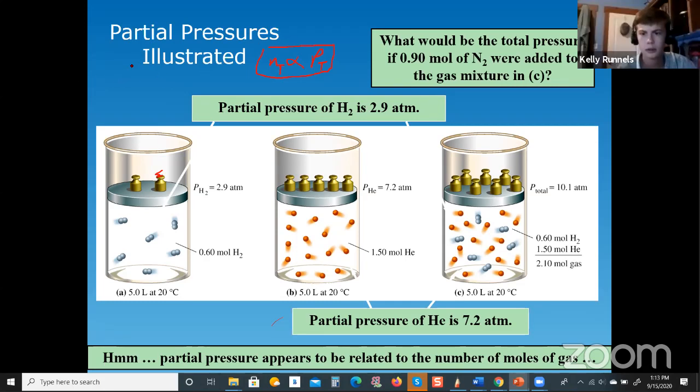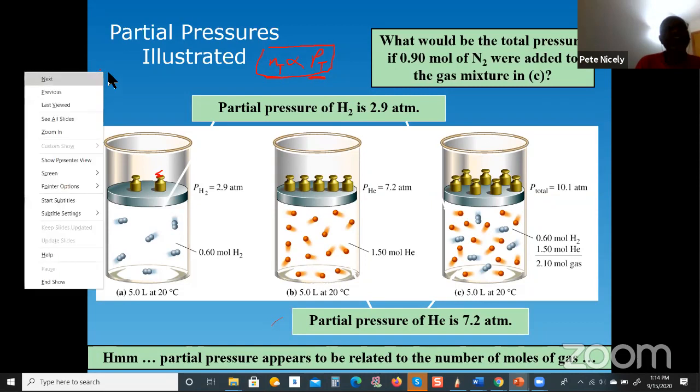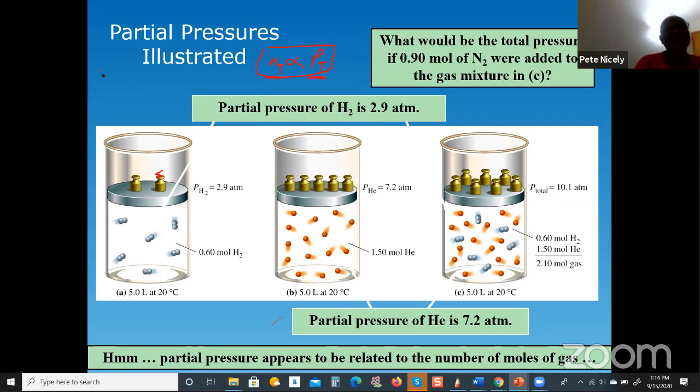I'm not saying it's not right. It seems as if you used a more complicated method. What I would do is recognize the fact that the total moles is proportional to the total pressure, right? So you correctly calculated that the total moles, well, let's put it this way. The initial total moles is 2.10 moles, and then when you add the nitrogen, it increases to 3.00 moles, right?